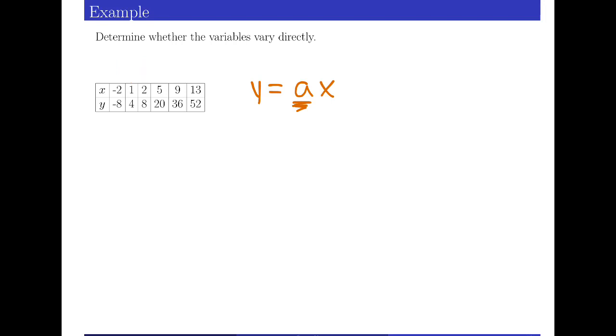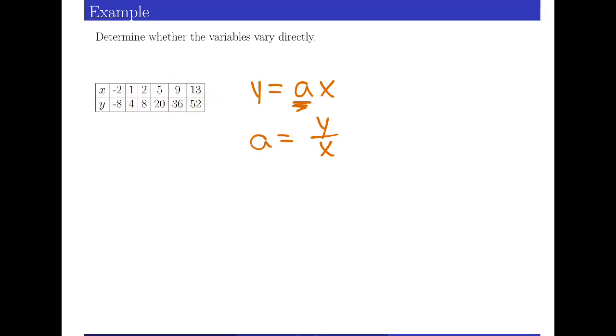It might be helpful to rearrange this quick. We know x and y, so we could divide both sides by x, and a equals y over x, right? So what we're looking for is, if we take y divided by x, does that give us the same constant every time? If it does, then this is a direct variation relationship. If it's not, then it's not a direct variation relationship.